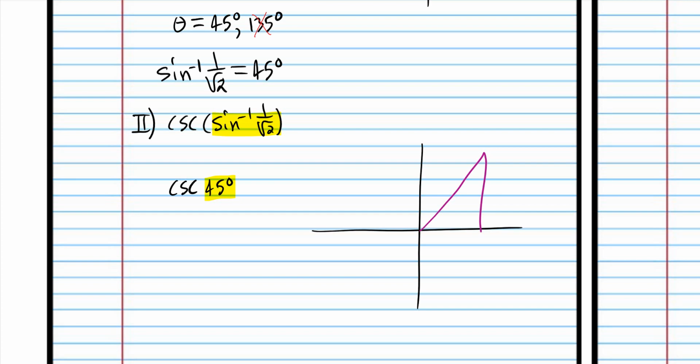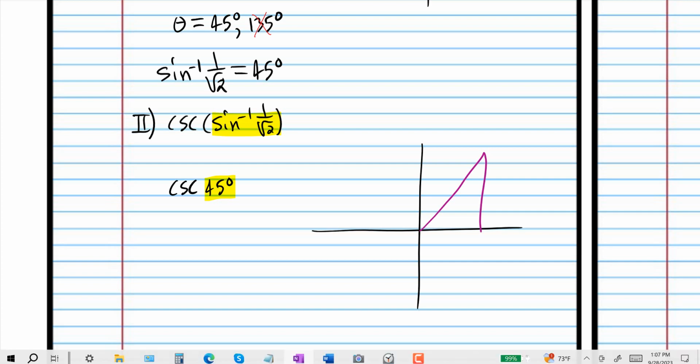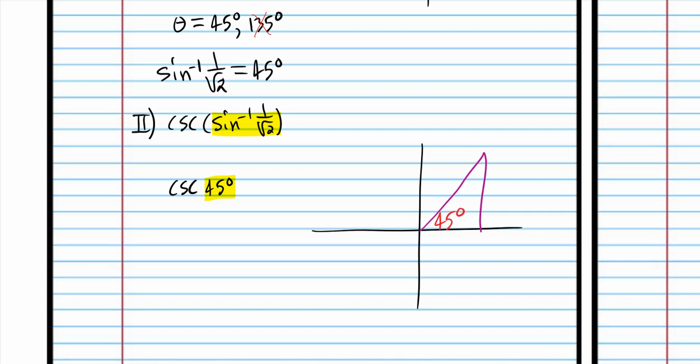So 45 degrees is a special angle. So our reference angle is 45 degrees. This is a 45, 45, 90 degree triangle, obviously. So cosecant 45 is the hypotenuse divided by the opposite side. X's cancel out, and we're left with root 2.